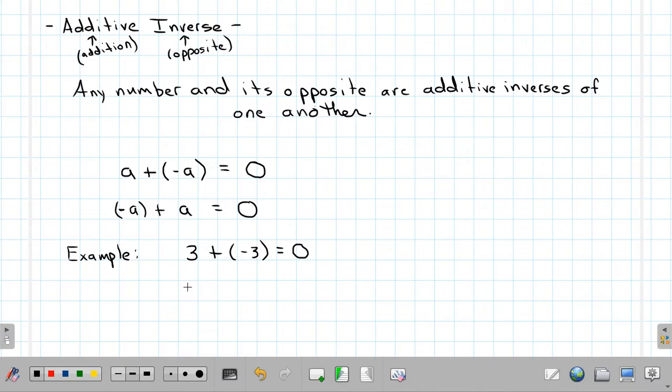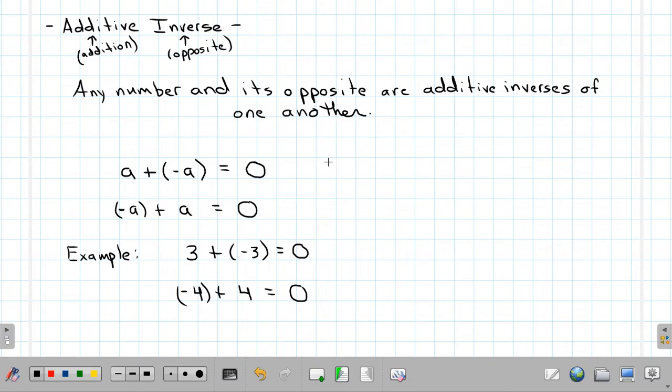The same way, if we have negative 4 plus its opposite, positive 4, that's also going to be 0. So once again, think of it as adding the opposite. If we have a number and we add its opposite, it's always going to be 0.